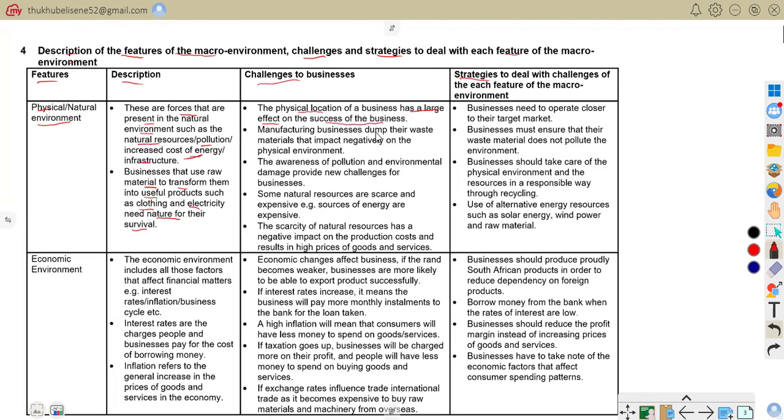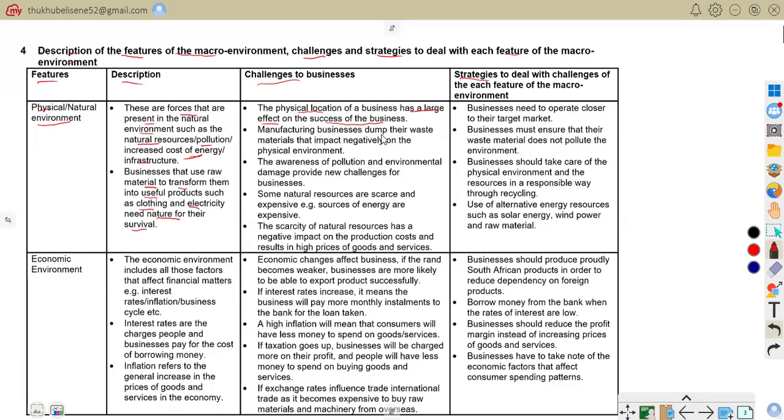Here we're talking about what? Location that affects success. We are saying location can affect the success. For example, a bad location reduces customers. So if your business is poorly located, it means it is going to reduce customers. You're not going to make more sales. That is that.